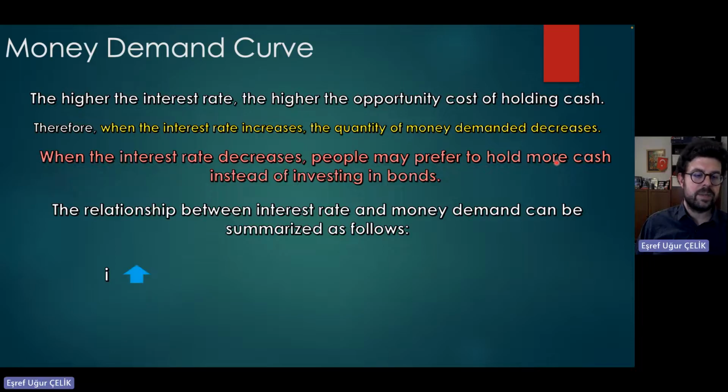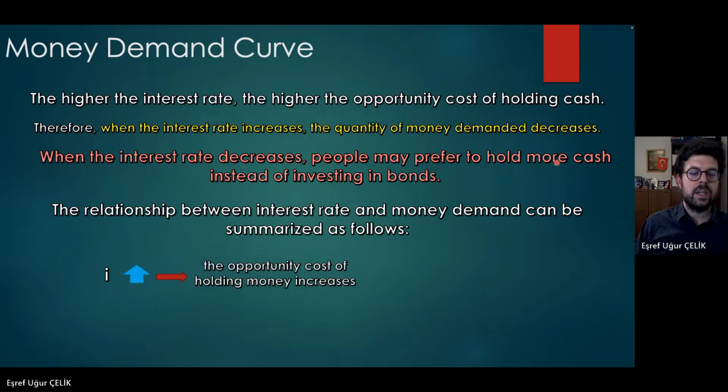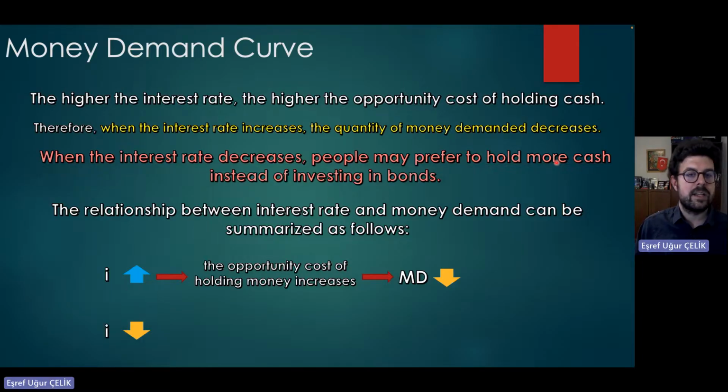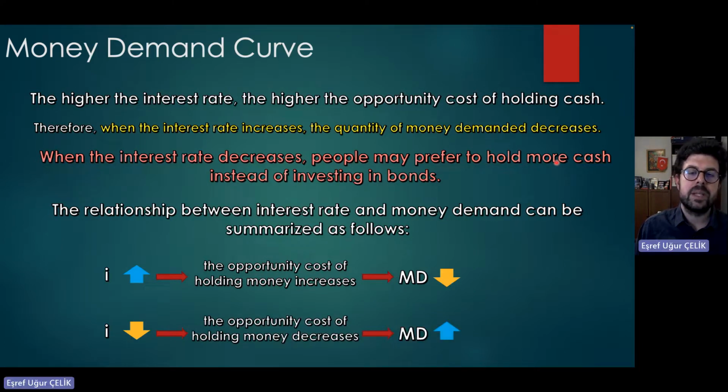So let's summarize. If the interest rate becomes higher, the opportunity cost of holding money increases. That's why people's money demand becomes lower. In the second condition, when the interest rate becomes lower, the opportunity cost of holding money becomes low. That's why money demand becomes higher.